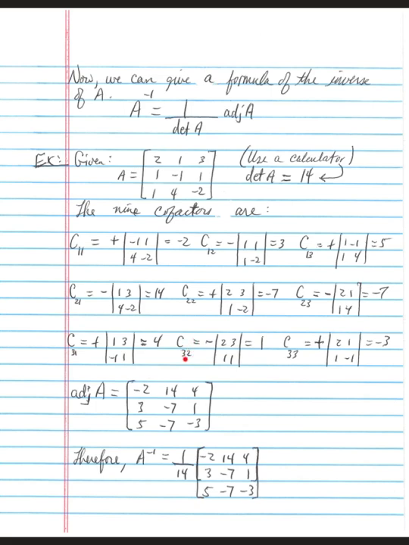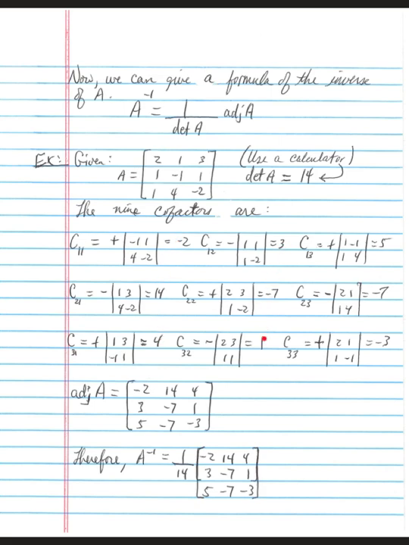The 3, 2 cofactor would be row 3, column 2. It's like an upside down capital T. 2, 1, 3, 1 are the numbers that remain. Because 3 plus 2 is odd, you have a negative, and then the determinant is 2 minus 3, which is negative 1, but negative 1 makes positive 1.